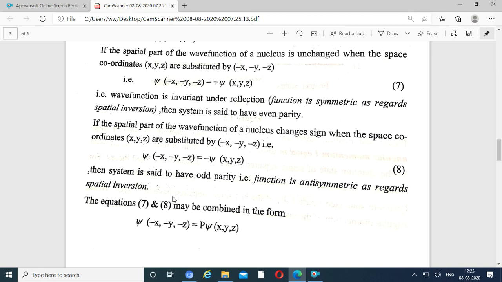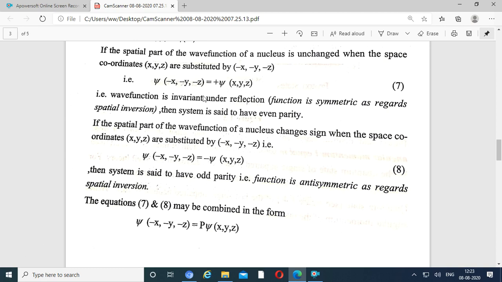If we invert the spatial components and the sign of the wave function changes, the wave function is antisymmetric, and if the sign remains the same, the wave function is symmetric.